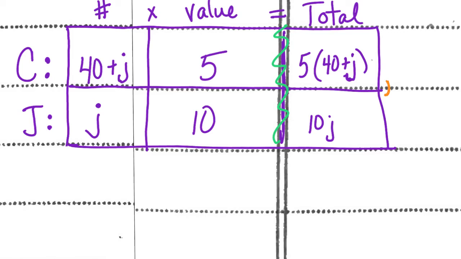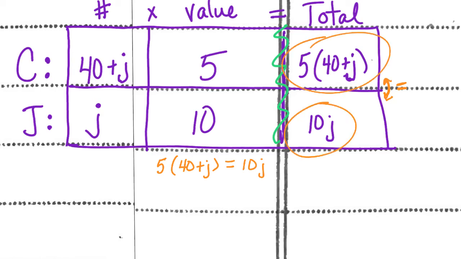We can take these and subtract them. Or sometimes we take them and we make them equal. In this case, Carrie and Joan have the same amount of money. So I'm going to take 5 times 40 plus J and make that equal to 10J. And that's the equation we're working with, because we're just going to take these two total columns and make them equal, because it says they have the same amount of money.